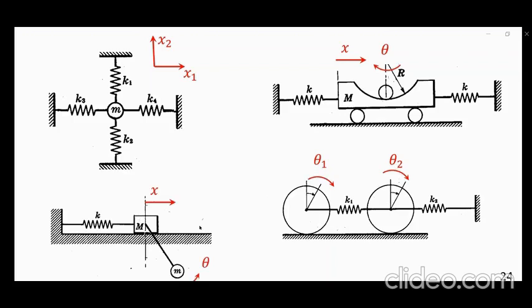Or a block which is vibrating horizontally, with a pendulum attached to it which can swing up and down. So these are not related, okay? This displacement x and theta are not related. If they're not related, it means there's a slip there.